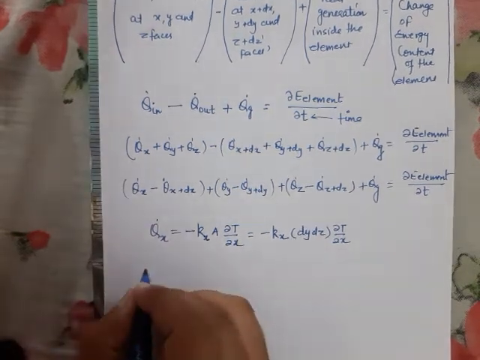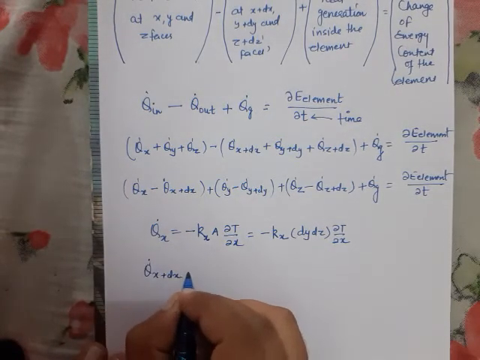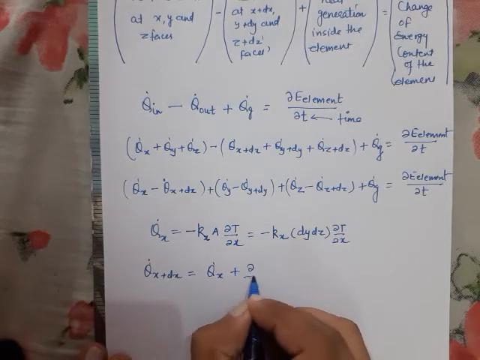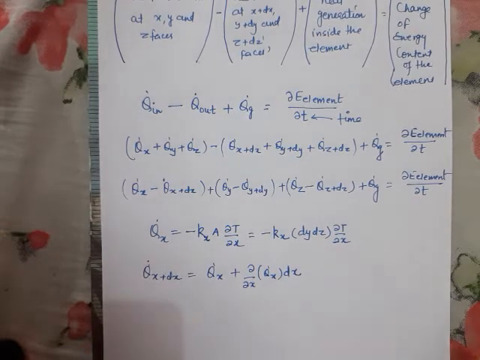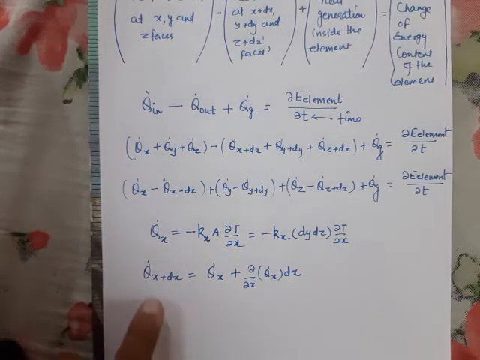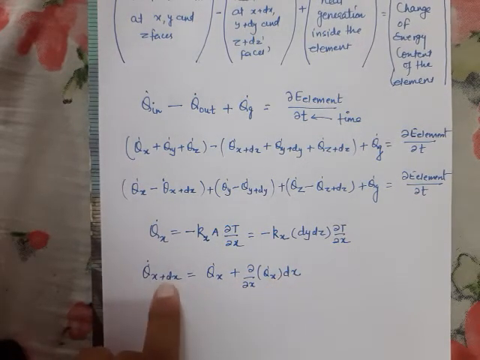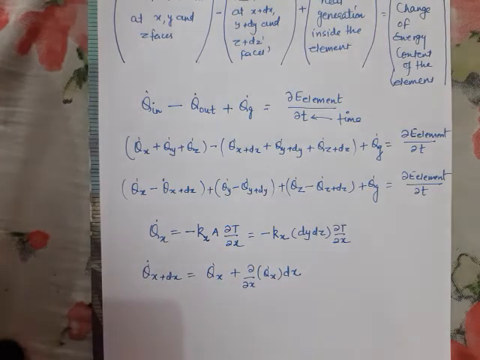Likewise, Q dot X plus dx can be written as Qx plus del upon del X of Qx into dx. This expression comes from the Taylor series expansion. If a function has value Qx at X, then its value at X plus dx would be Qx plus del upon del X of Qx into dx.